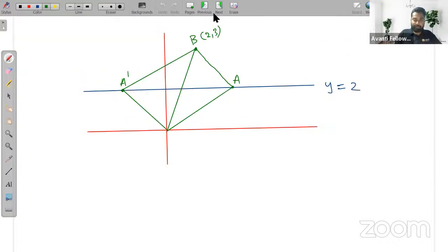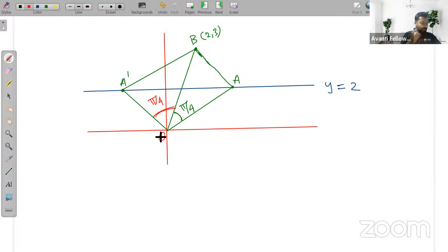That means this angle is also pi by 4. This is the figure first, and this is my origin.